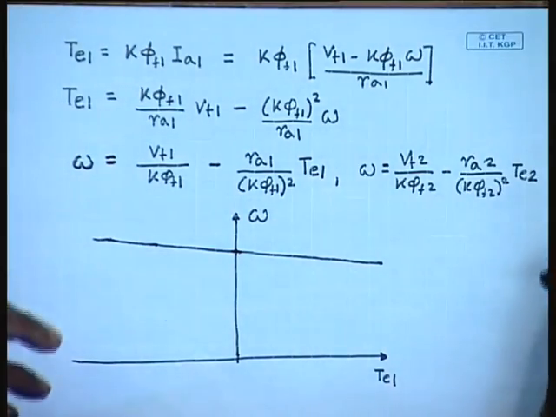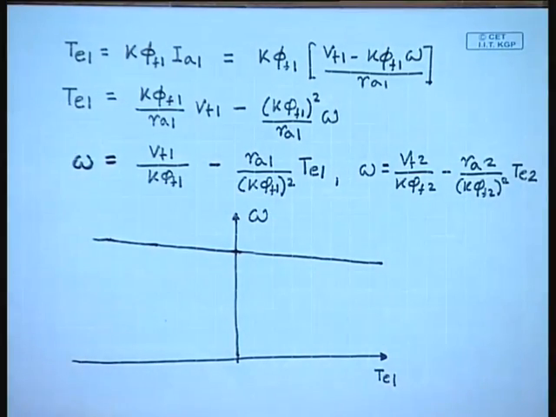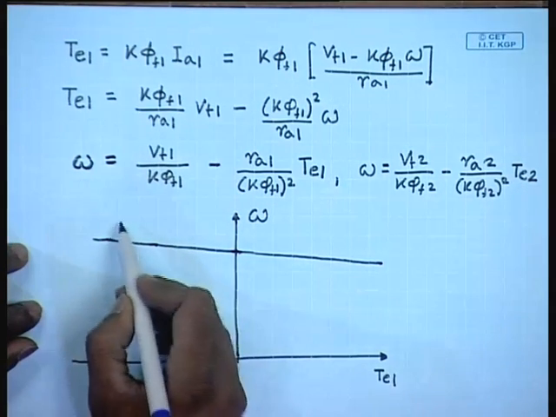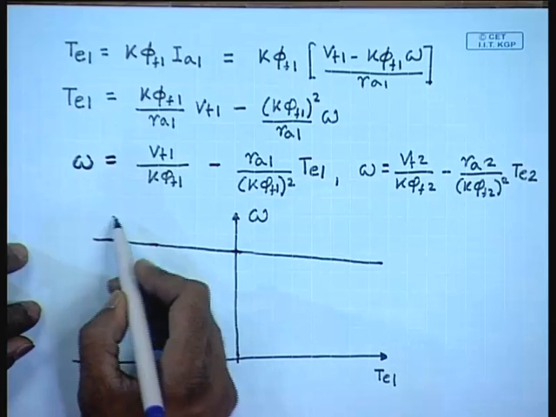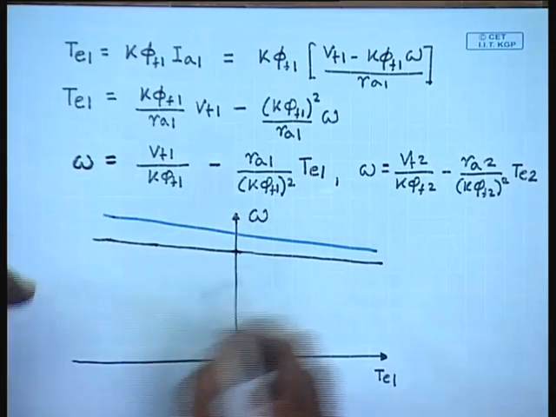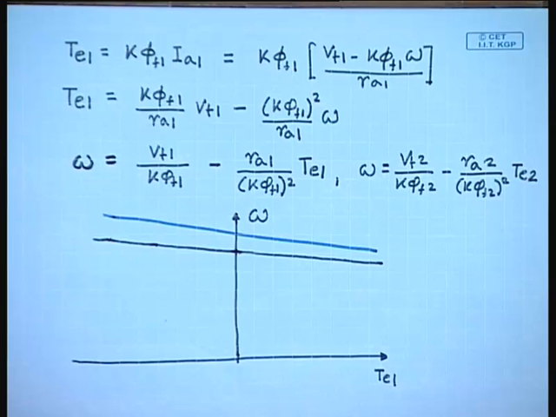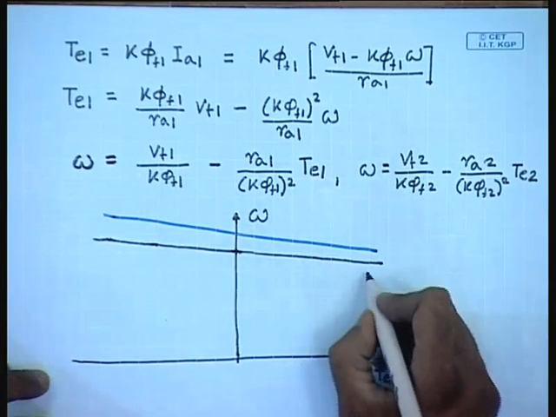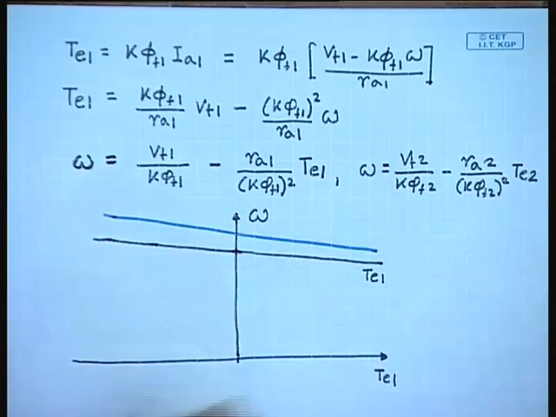And if I plot that, it may look somewhat like this. This is Te1, this is Te2.